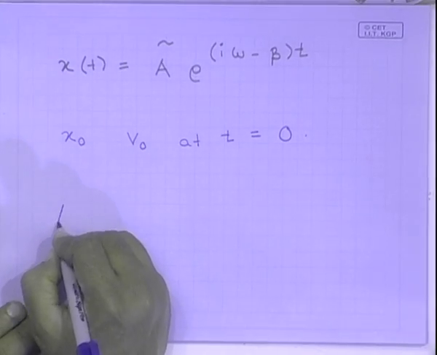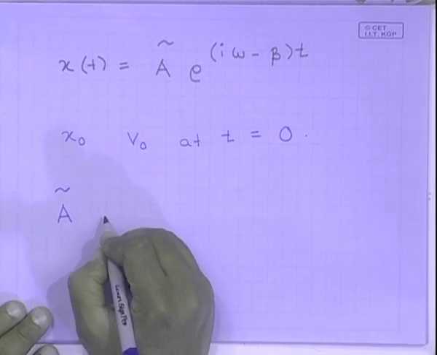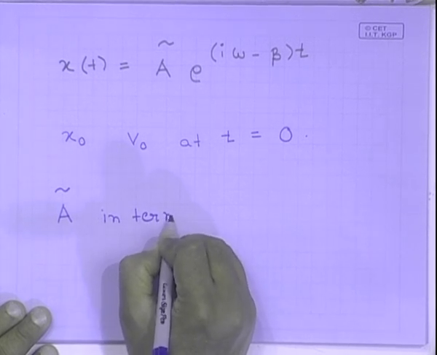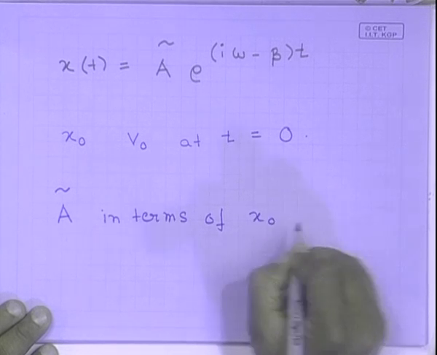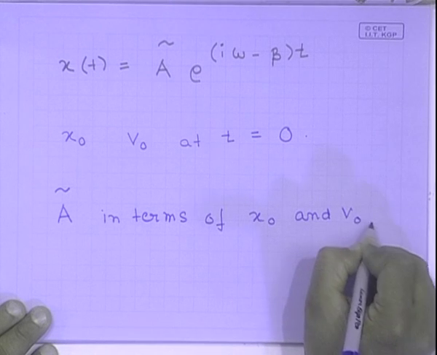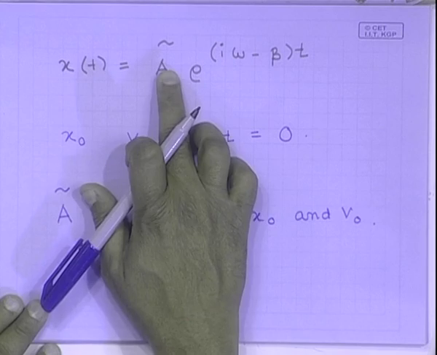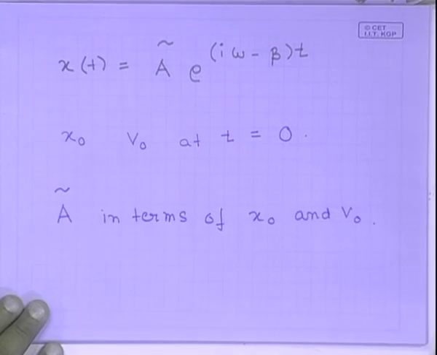Now, the problem is that you have to find the amplitude, the complex amplitude A tilde in terms of x naught and v naught. So, you have to find an expression for the complex amplitude A tilde in terms of the initial position and the initial velocity.